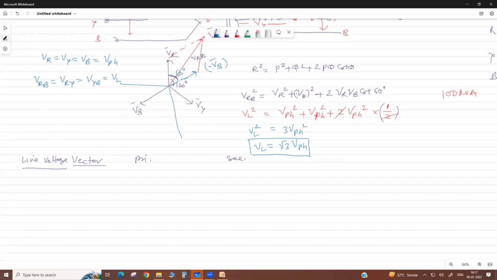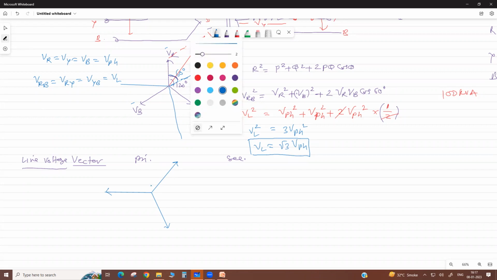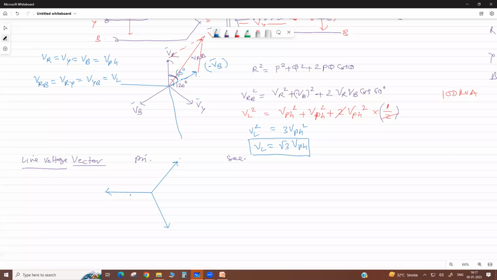So on the primary side they are 120, 120 apart, and these are all three line voltages.